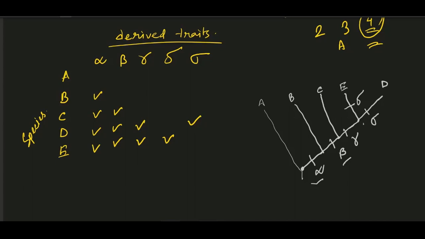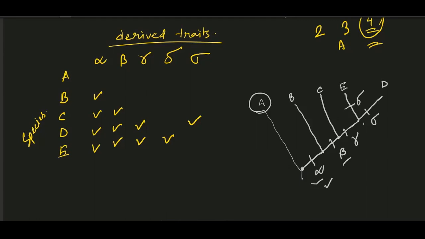Now as we can see, A doesn't contain any trait, so in the line of A there are no traits, but B, C, D, E, they all have alpha.